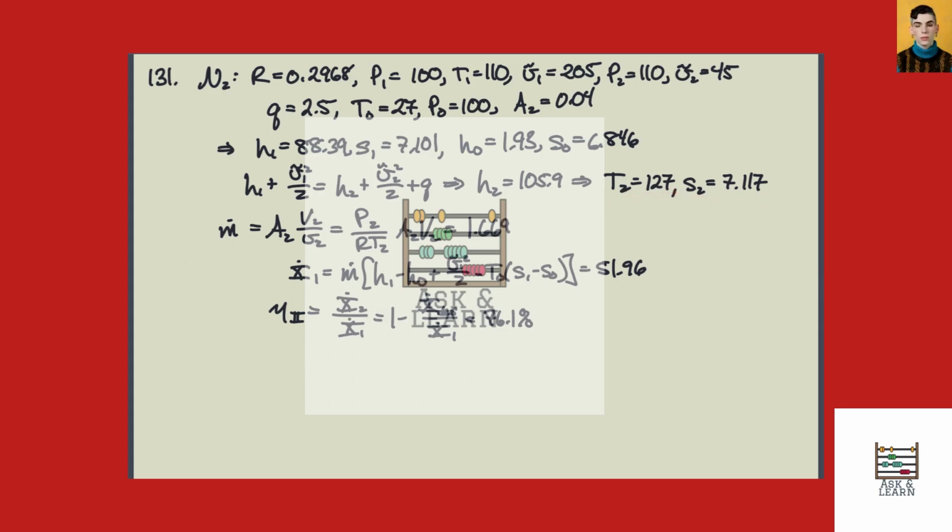We can figure out the mass flow rate because we know what the area is and we know what the velocity is. I messed up, these should be velocity V's, maybe not in red.